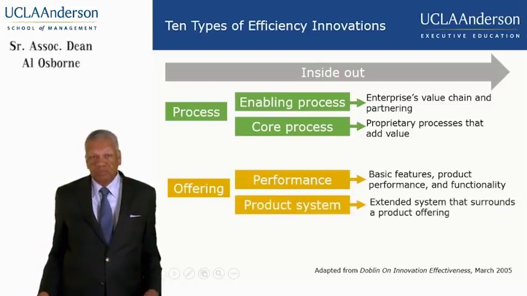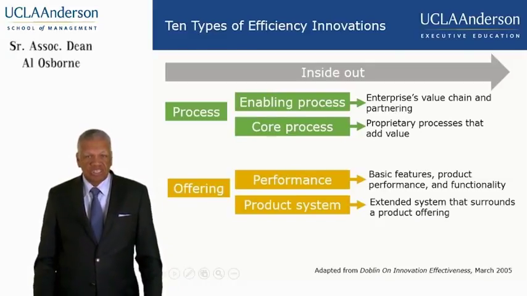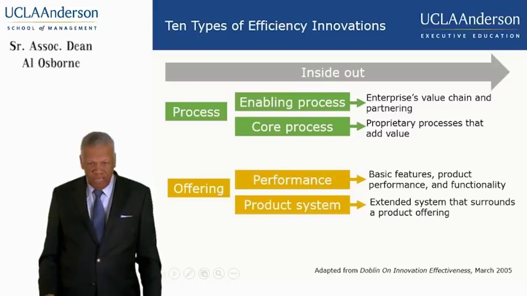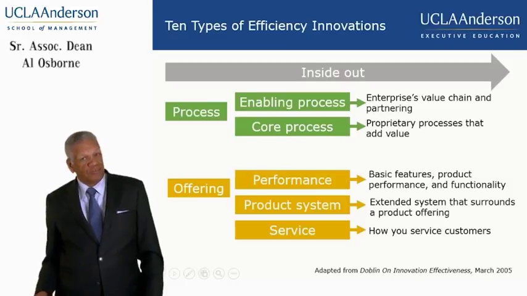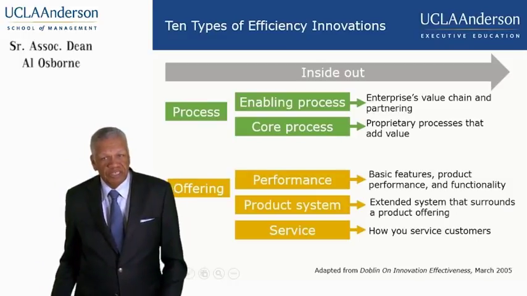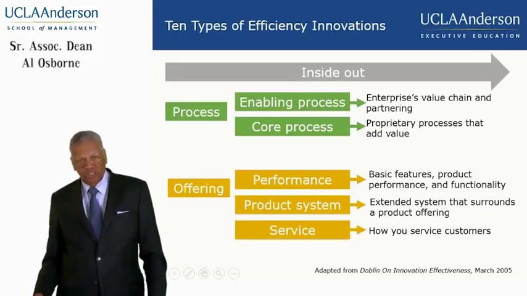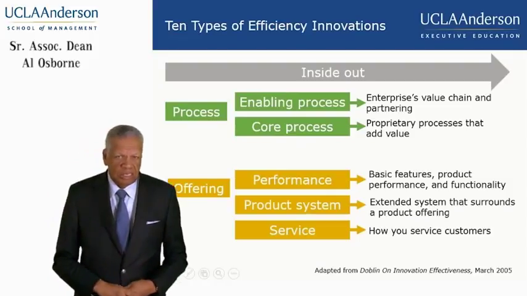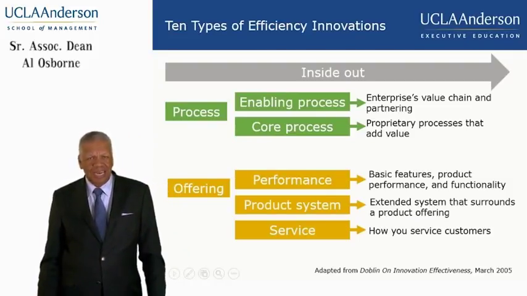The production system that delivers the offering itself can be extended and thereby improve the way the offering is delivered to us as consumers. And let's not forget that an important part of the offering is the actual service that is provided once the product or the service is in place. So performance and product systems as well as service are important ways in which the offering is enhanced through efficiency innovations.